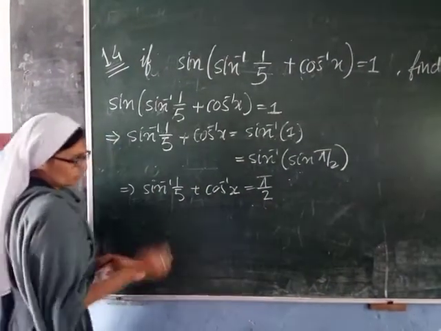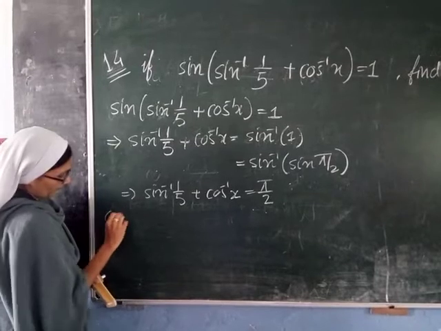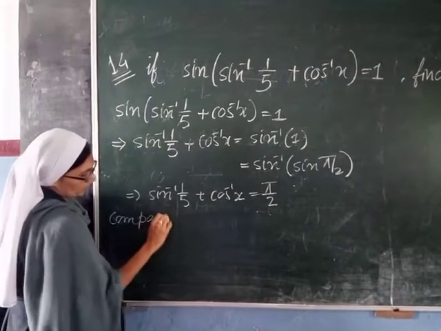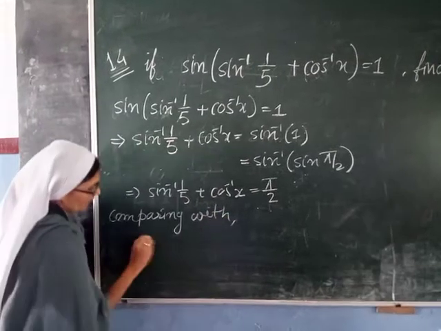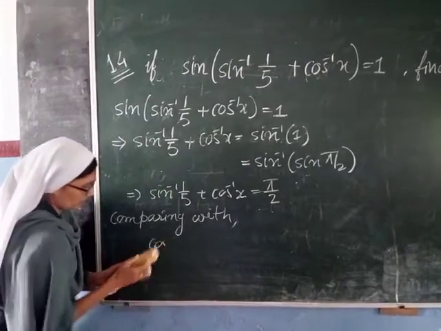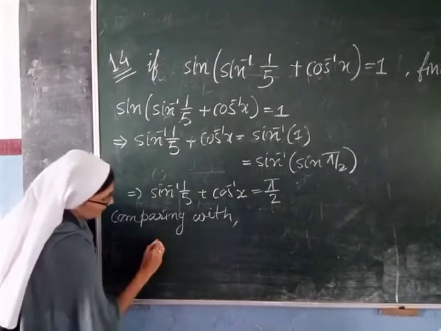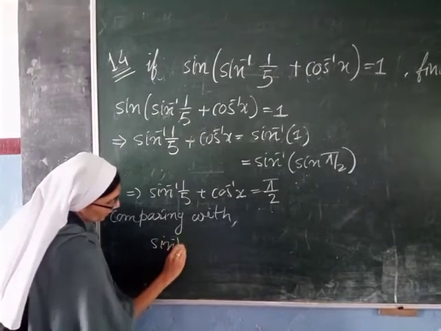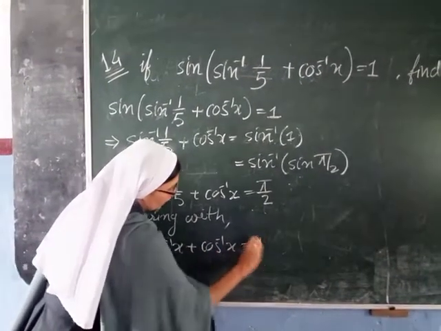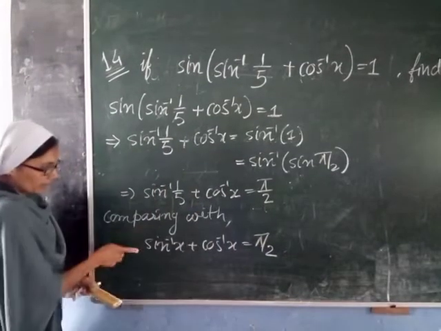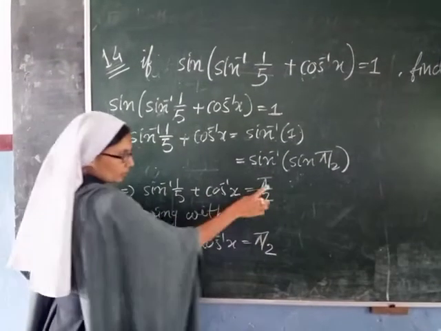Transferring also is true, but I will directly compare with the result you know: sine inverse x plus cos inverse x is equal to pi by 2. We can compare here.